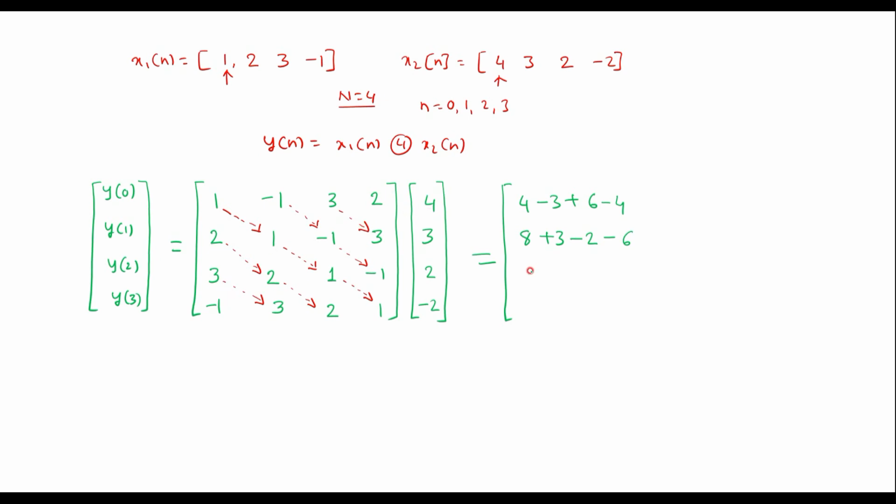Next, 3 into 4 is 12, plus 6, plus 2, plus 2. Next, minus 1 into 4 is minus 4, plus 9, plus 4, minus 2.